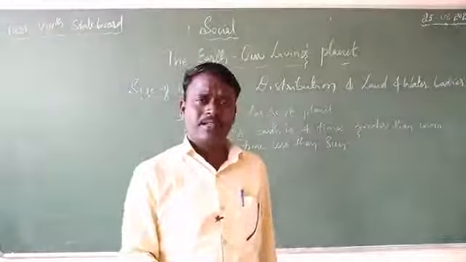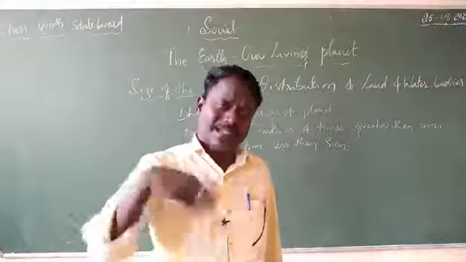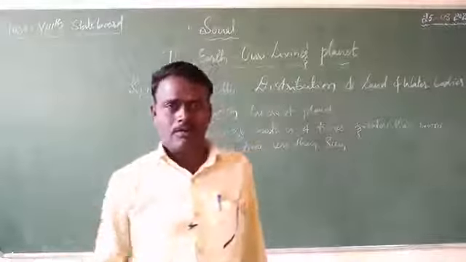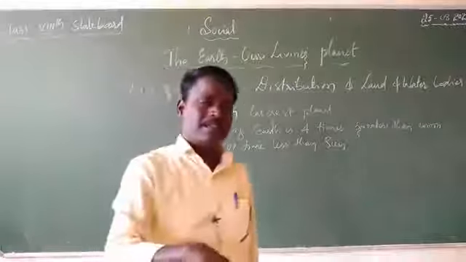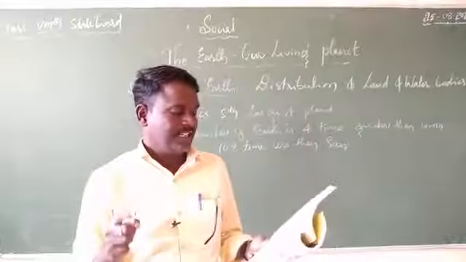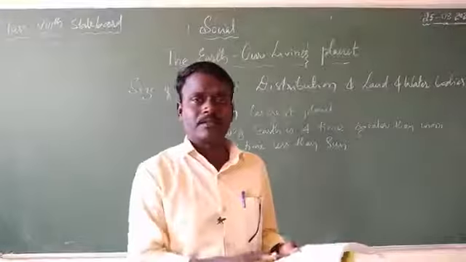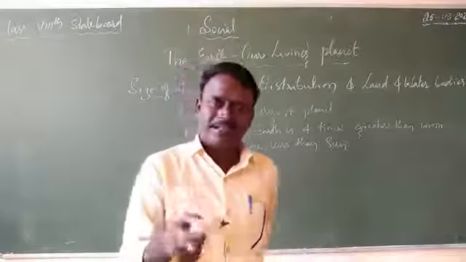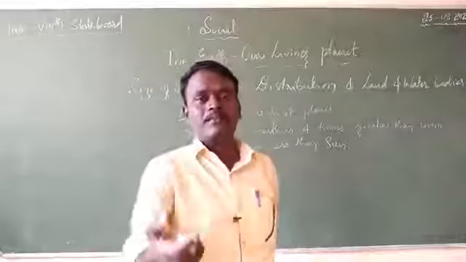The northern hemisphere is covered with the highest land mass and the lowest water bodies, and the southern hemisphere is covered with the highest water bodies and the lowest land bodies. For example, the northern hemisphere has 60% land and 40% water bodies. For that reason, the northern hemisphere is known as the land hemisphere.